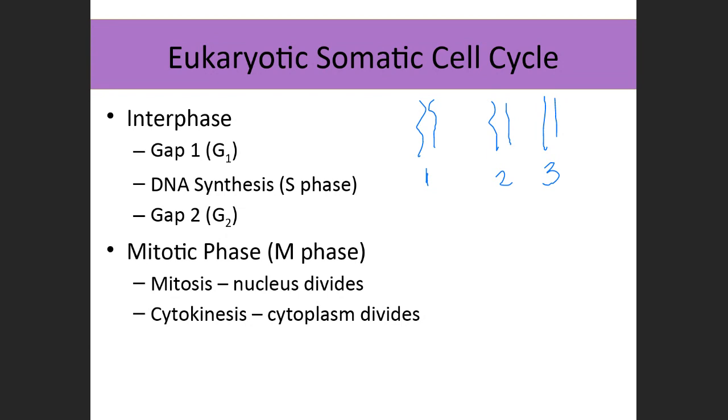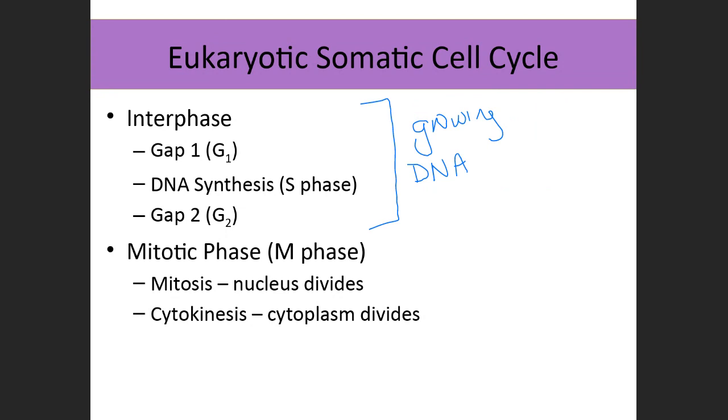So eukaryotic cells have different phases. There's interphase, which is the growth phase of cells. This is when they're growing and DNA is dividing, getting ready for mitosis, if it's going to happen. And also just doing their usual cell stuff, right?